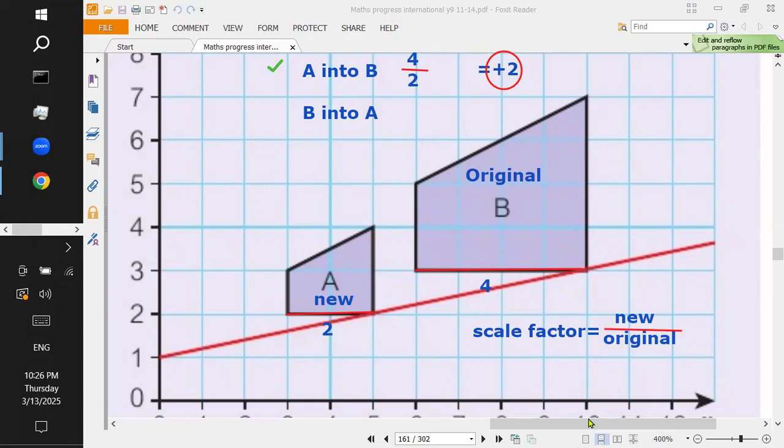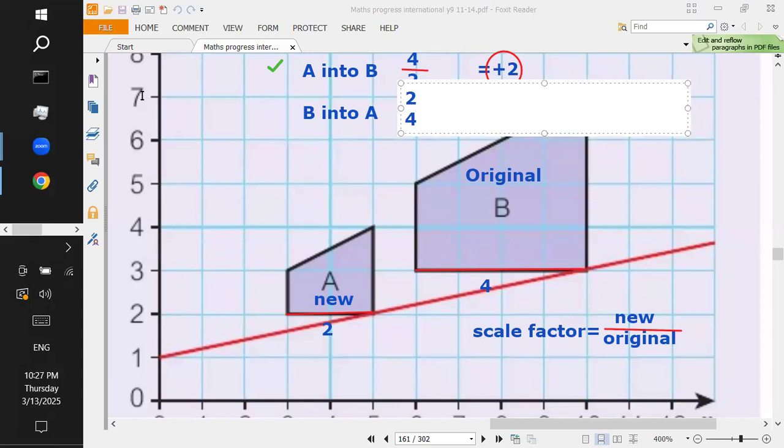So now we're going to divide using the same formula, the new over the original. So here, B is the original and A is the new one. So new, which is 2, over the original, which is 4, will give me the scale of enlargement.